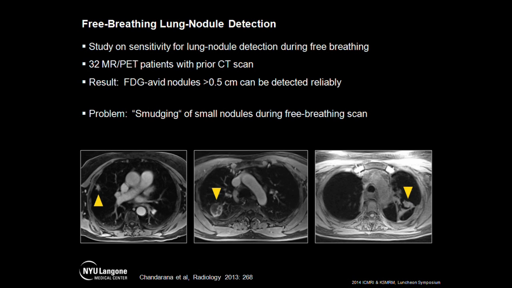But if the lung nodules are smaller than 5 millimeters, then the sensitivity for detecting these lung nodules on these free breathing scans is not that great anymore. The problem here is that if the patient breathes, then the signal intensity of these tiny lung nodules is smudged out and becomes more difficult to identify or to pick up these lesions.